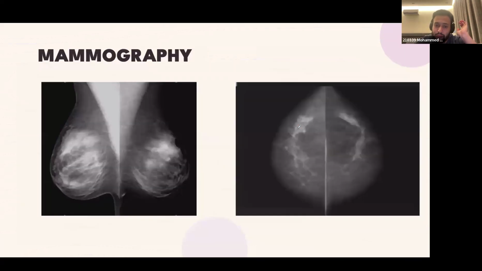Now, mammography is one of the important imaging modalities. There are two imaging modalities you use for the breast: mammography and ultrasound. This is mammography. The important thing is the field of view that you look at. What is the field of view of this one? Medial lateral oblique. Excellent. How about this one?